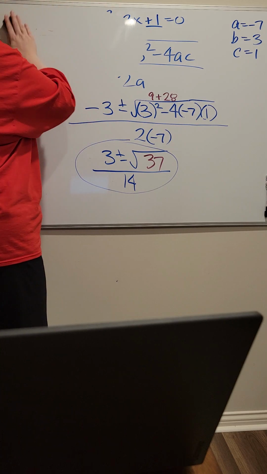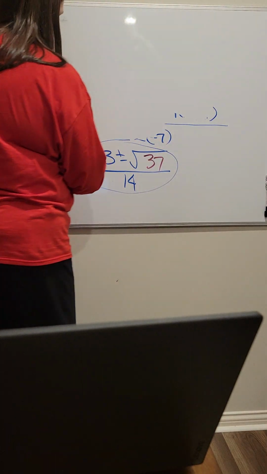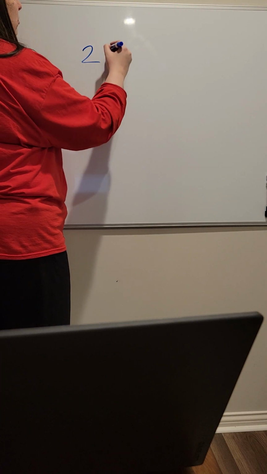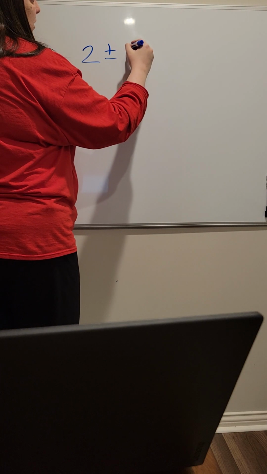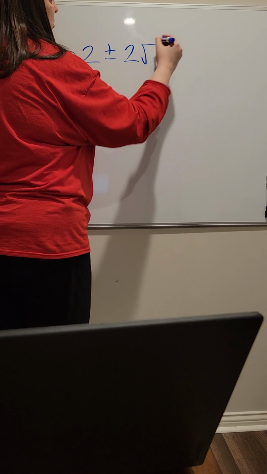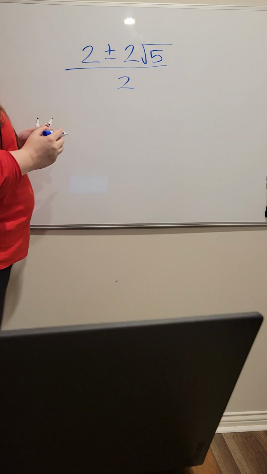And then just one more thing I'll show you. Sometimes when you get to the end of that, you'll have something like 2 plus or minus 2 square root of 5, over 2. Okay?